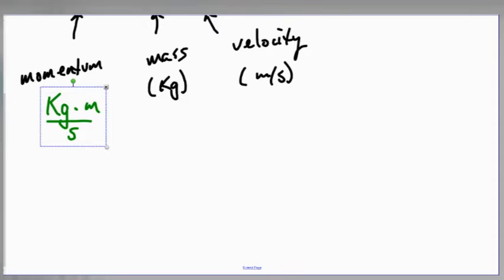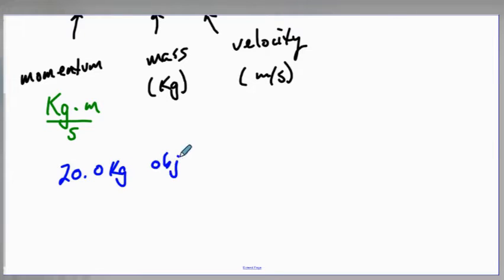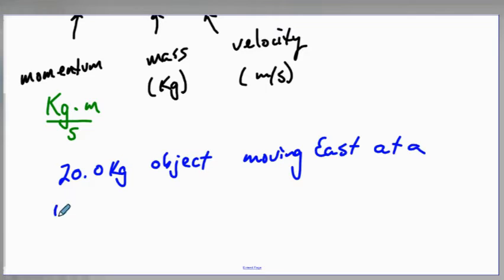So if we had to solve a nice, easy question: we have an object with a mass of 20 kilograms, and it's moving east at a velocity of 5.0 meters per second. What is the momentum?